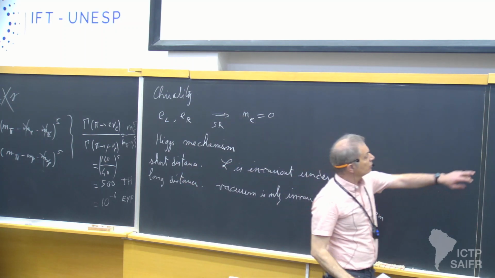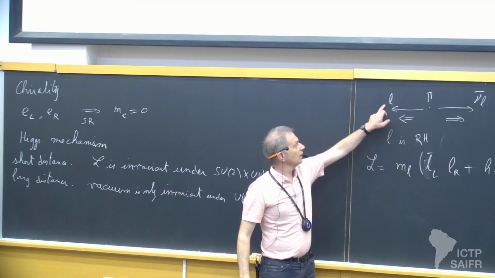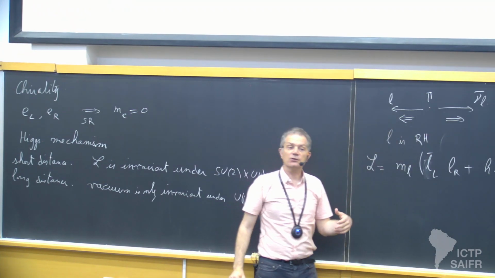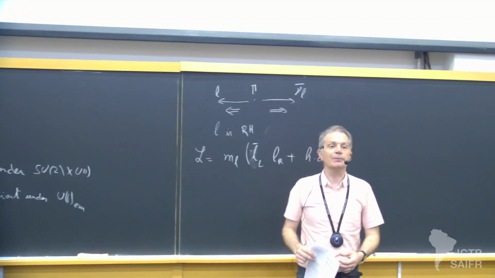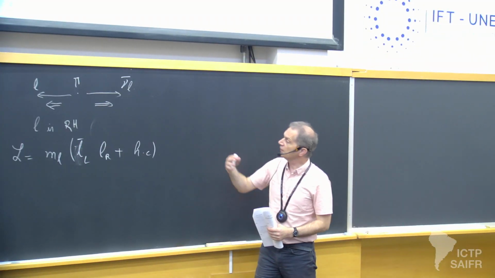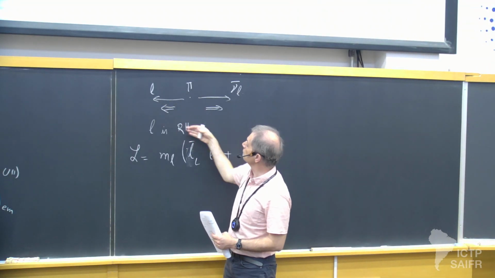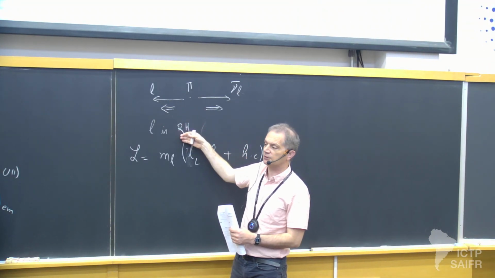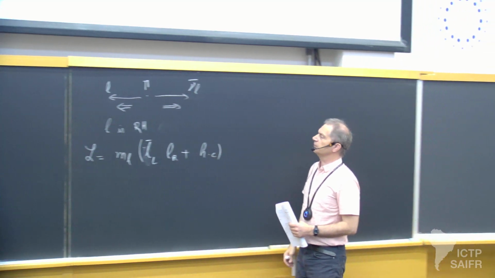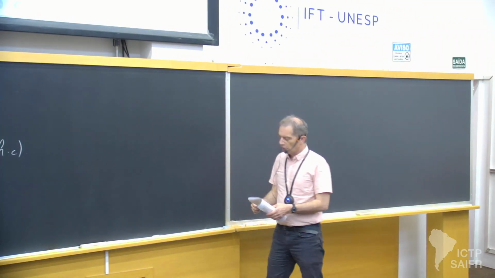So here, if you want to obtain a right-handed lepton, you need to pay a price which is proportional to the mass of the lepton. If the lepton is massless, it cannot flip the chirality, and here you will necessarily end up with a left-handed lepton. Right?